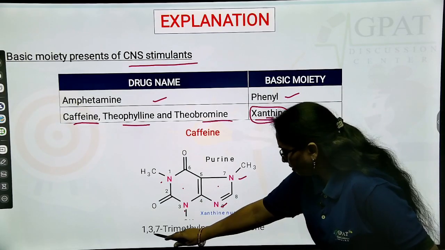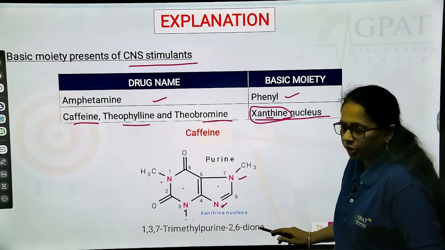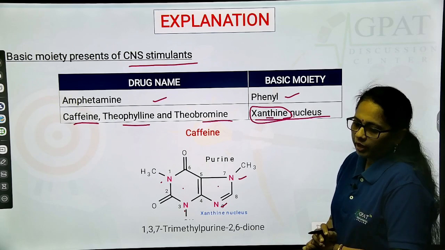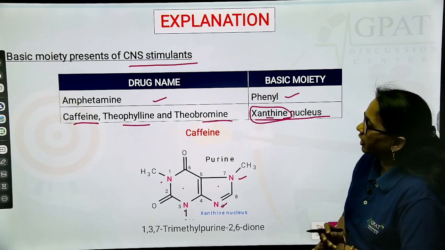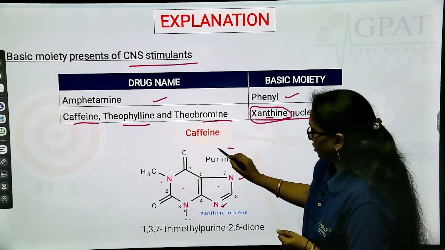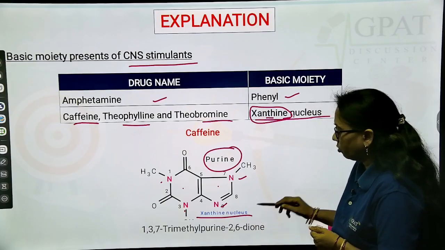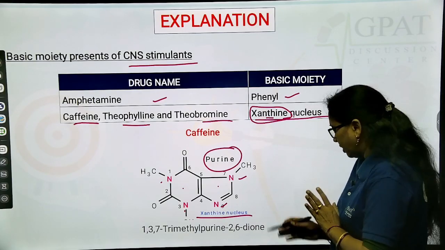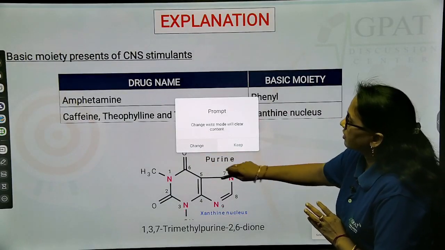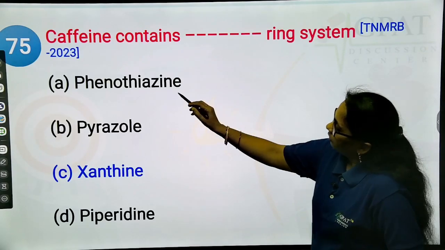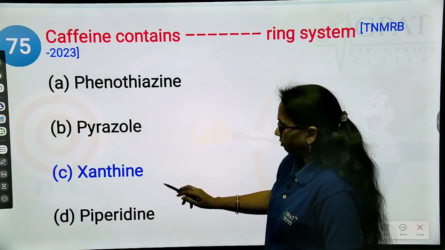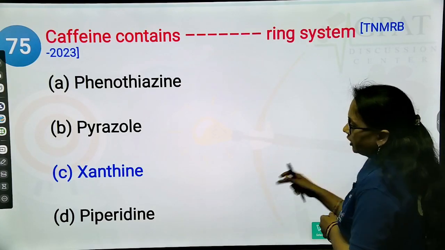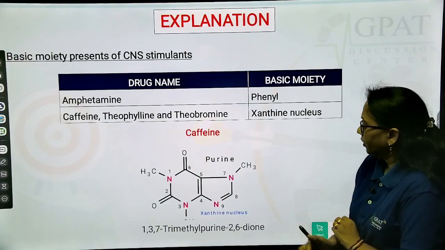So, 1,3,7-trimethyl purine-2,6-dione is the structure of caffeine. The xanthine nucleus is actually a purine which contains the basic moiety. Now, let us see the options: phenothiazine, pyrazole, xanthine, piperidine. Definitely xanthine is the right answer, so option C is the right one.